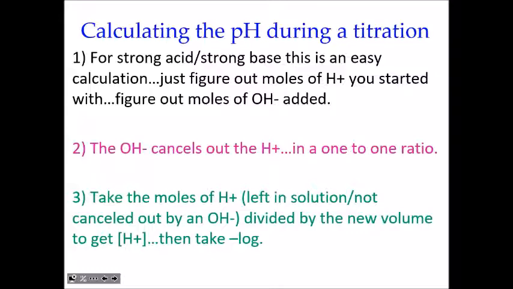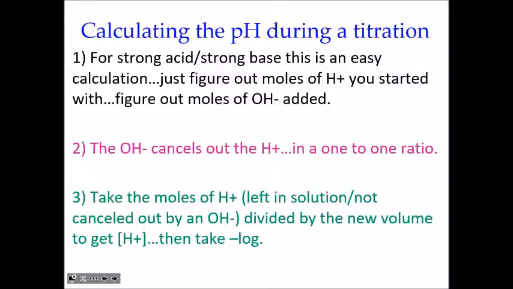All right, so now we're going to calculate along different points of the titration curve. We're going to start with a strong-strong combination, which is the easier of the two because it's really just stoichiometry and solution math that we did back in Unit 1. You might be rusty on it and need some review, but we're going to go over that.